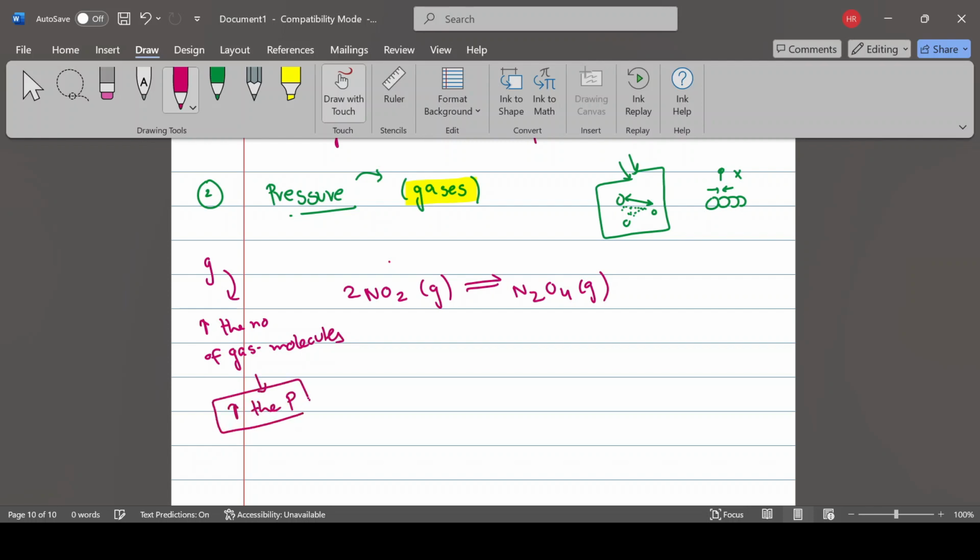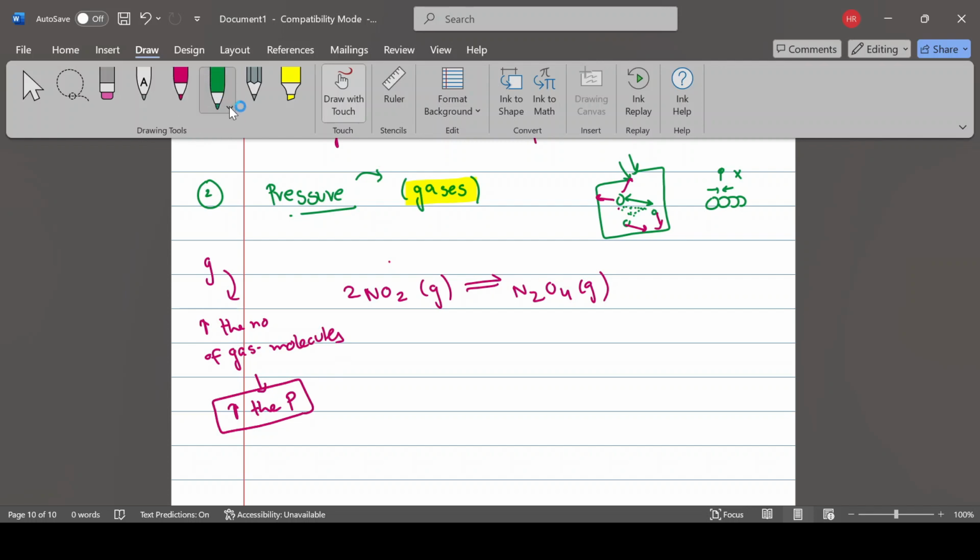Why is this? Because pressure is basically derived from the collisions of the gaseous molecules with the walls of the container. The more the collisions with the walls of the container, the higher the pressure would be. So obviously, as you increase the number of the gaseous molecules, the frequency of the collision with the walls of the container is going to increase as well, right? So remember this first point here.